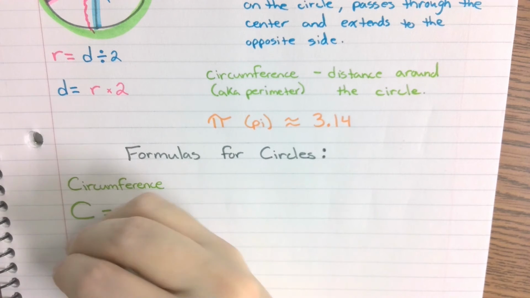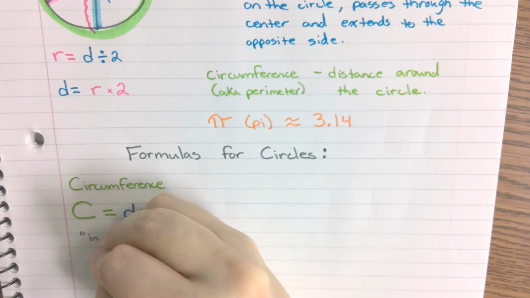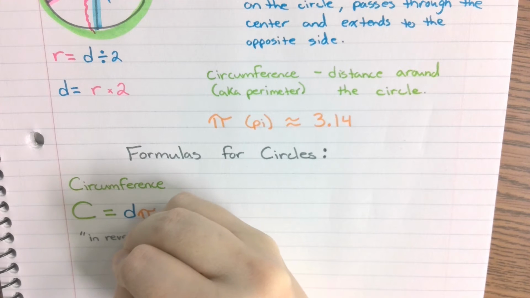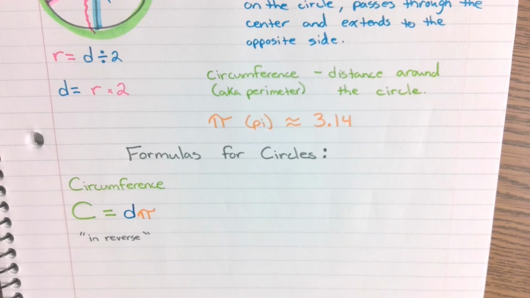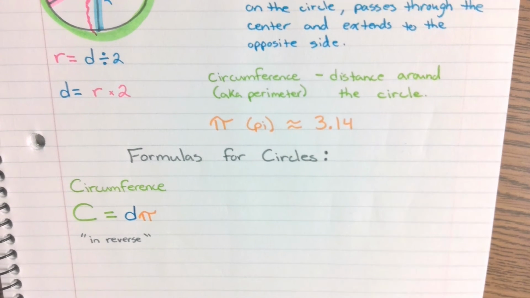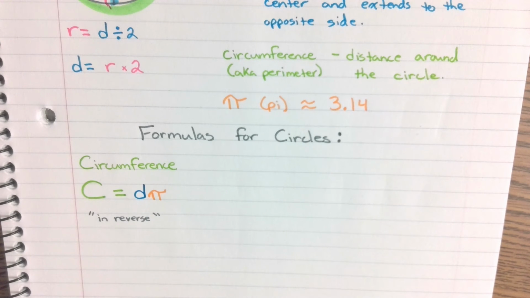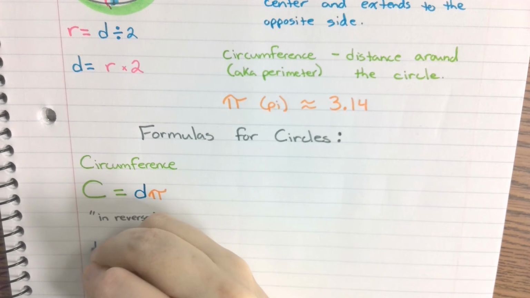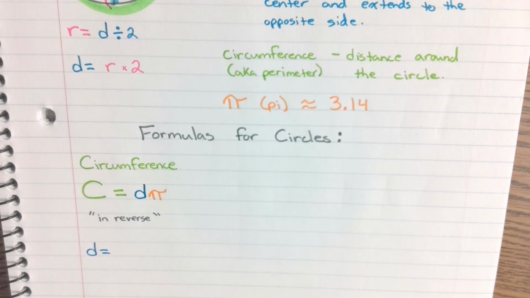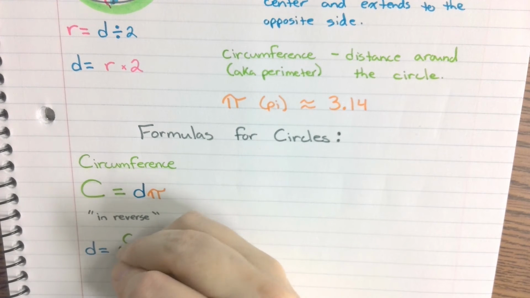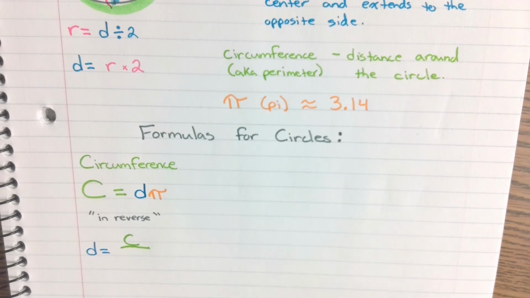Now, the reverse aspect of that. If you were to do the inverse, in order to solve for D, diameter, diameter is the same thing as circumference divided by pi.